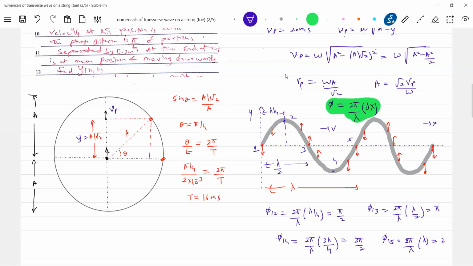So like this, using this formula, you can find out the phase difference between any 2 points on a rope.